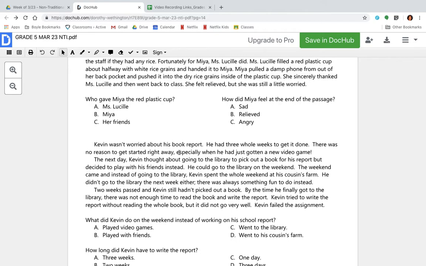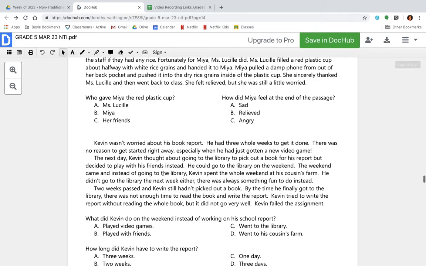Kevin wasn't worried about his book report. He had 3 whole weeks to get it done. There was no reason to get started right away, especially when he had just gotten a new video game. The next day, Kevin thought about going to the library to pick out a book for his report, but decided to play with his friends instead. He could go to the library on the weekend.